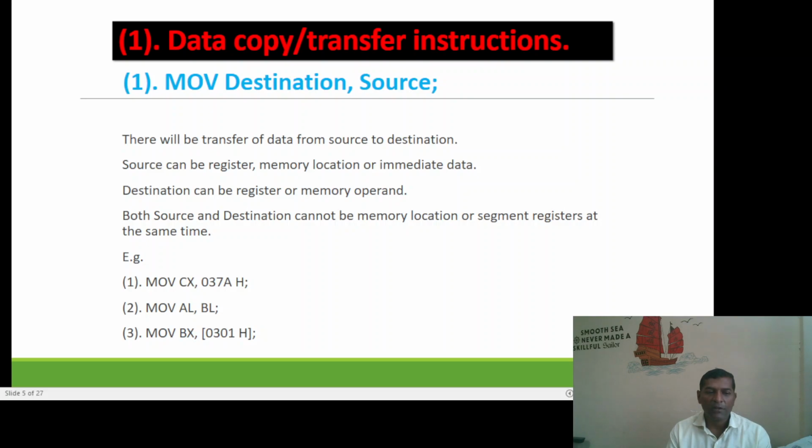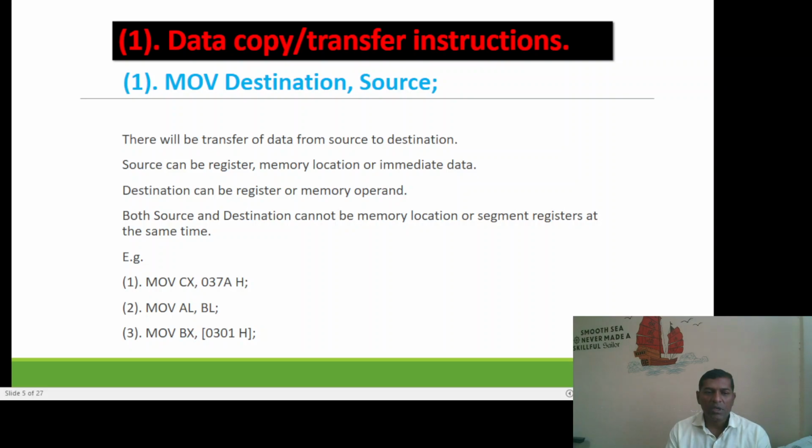Then we have a third example, MOV BX, [0301H]. The square bracket represents the memory address. Whenever we have a square bracket, the data in it is known as an address, and the contents at this address will be moved to the destination register BX.